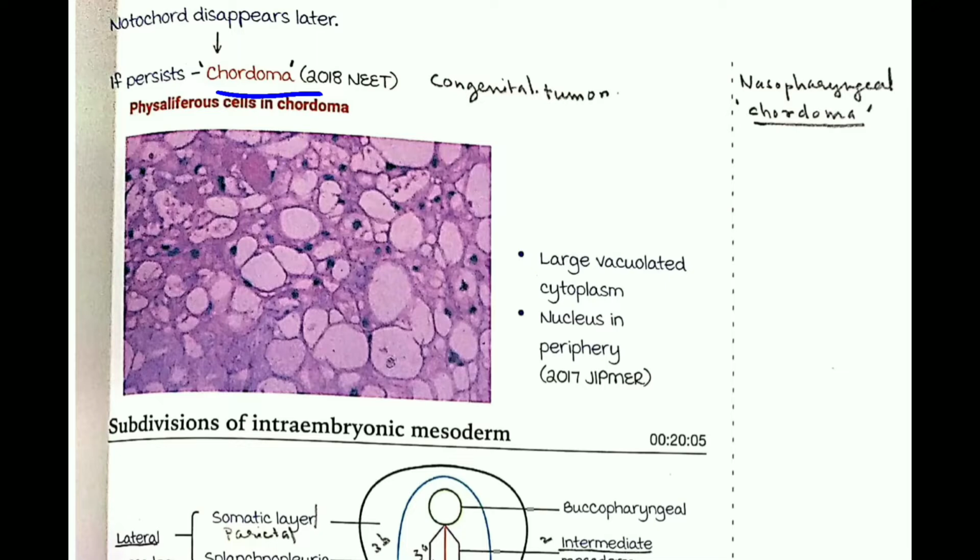So it is a congenital tumor, and in chordoma we can see a special type of cells which is called physaliferous cells. The diagram is for the physaliferous cells. These cells have large vacuolated cytoplasm, with large vacuoles and the nucleus shifted to the periphery. So these are physaliferous cells which are seen in chordoma.